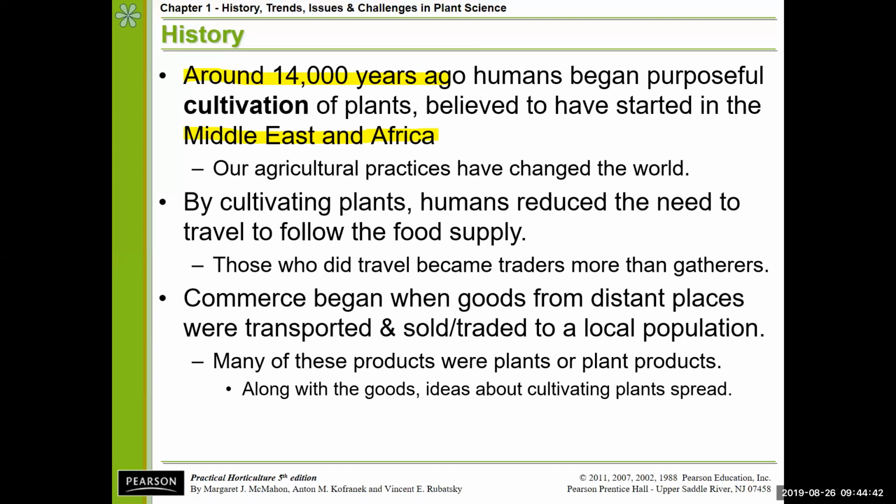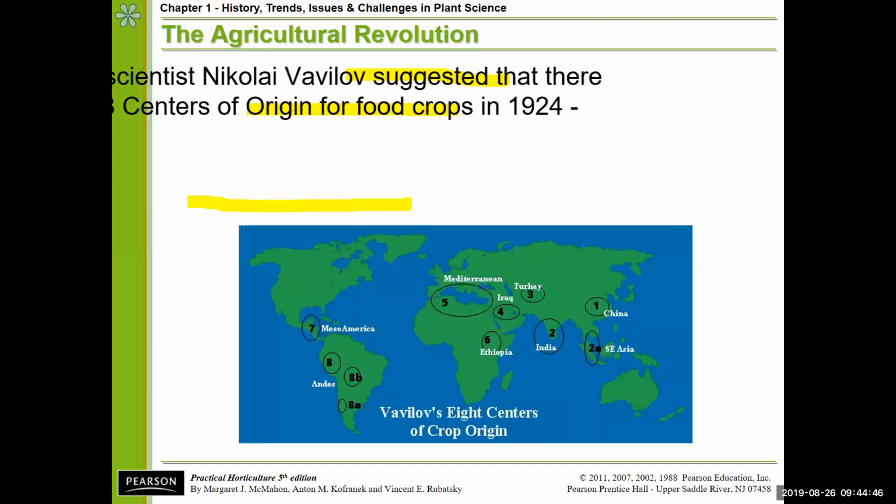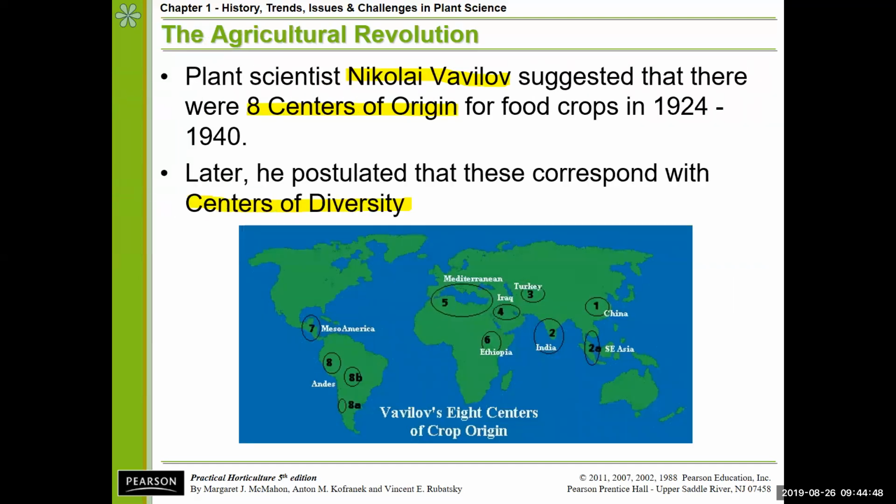So from agriculture comes commerce and really civilization as we know it. The agricultural revolution, as we mentioned, 10 to 14,000 years before present, occurred around the world, around that same era.